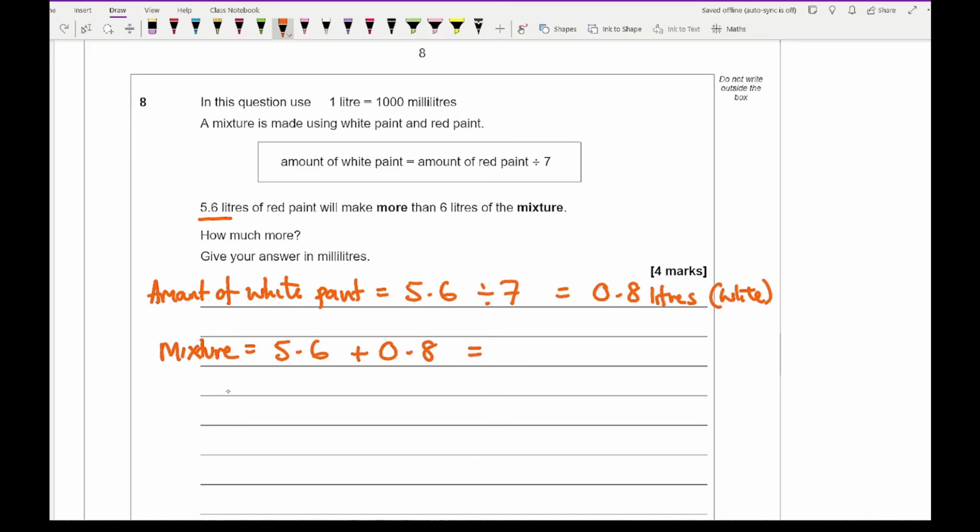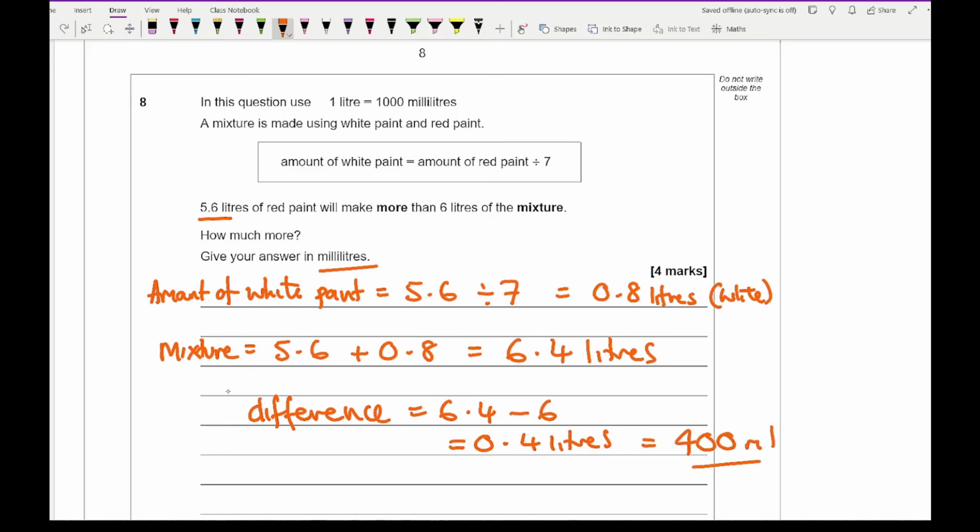And if I add those two numbers together, I get an answer of 6.4 litres. So then to work out the difference, it's going to be 6.4 minus 6, which is 0.4 litres. Now the question does say to give your answer in millilitres, so the answer is going to be 400 millilitres.